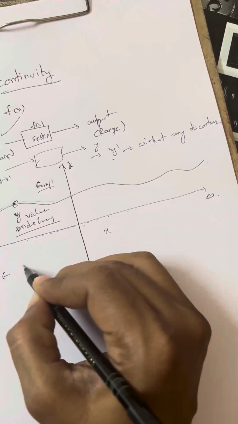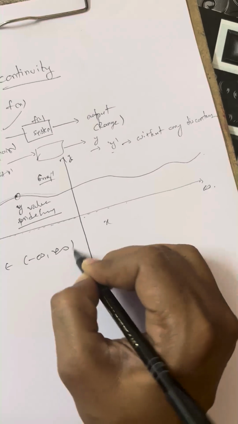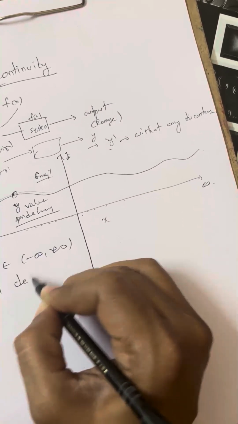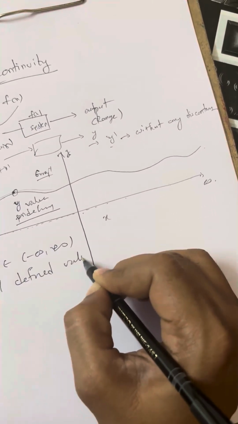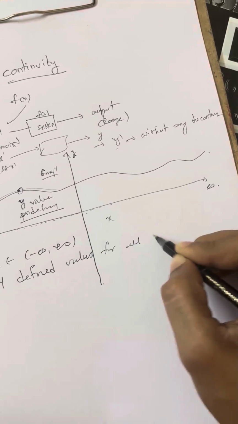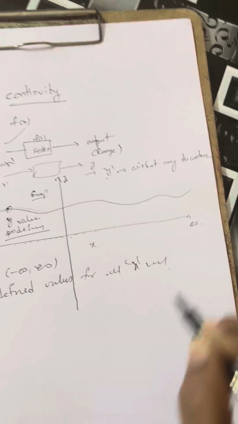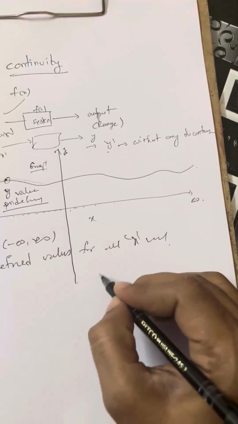If x belongs from minus infinity to infinity, we have a defined y value for all x values. This is for an interval.